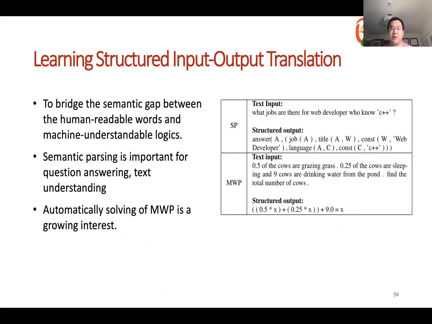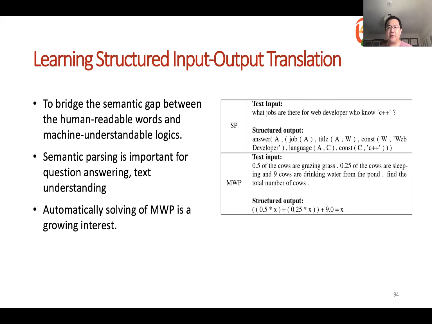As shown in this right-hand table, we have two different tasks: one is semantic parsing, and one is math word problems. As you can see, the text input is a text sequence, but as we mentioned before, we can leverage the hidden structure behind it. Therefore we can formulate it as a graph. But on the output side, it's not a simple sequence. It's essentially a structured output.